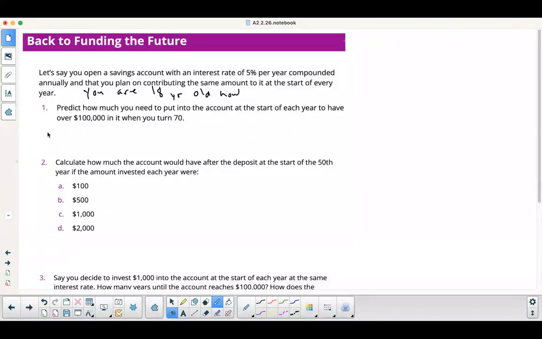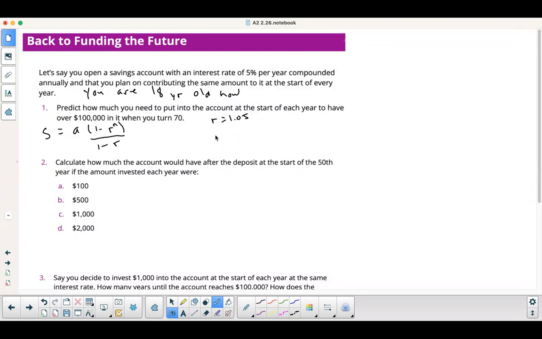So you got your formula: S equals A times 1 minus r to the n over 1 minus r. So we know that our growth rate is 1.05 because you're increasing at a rate of 5%. Your initial amount, we're going to kind of trial and error that.